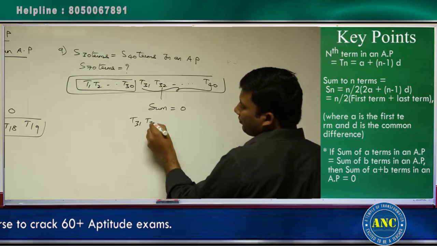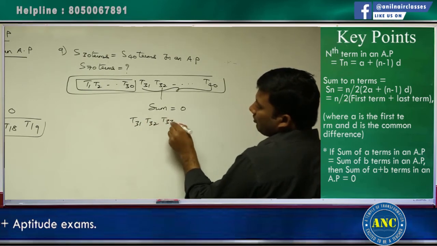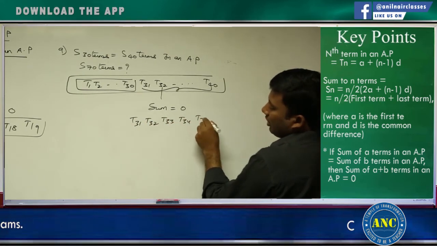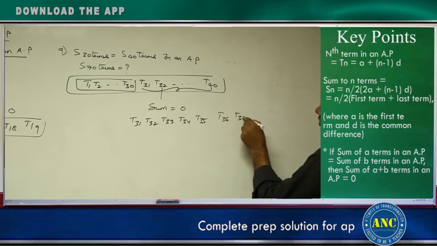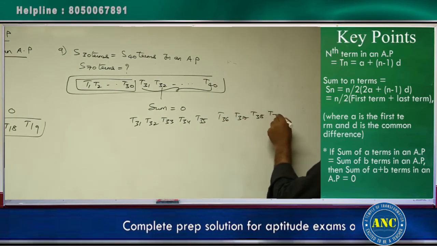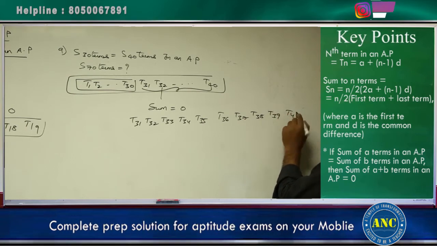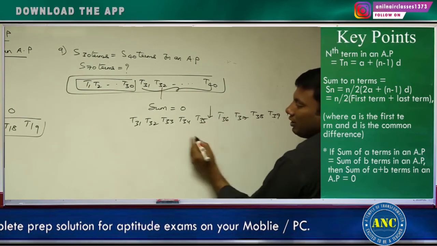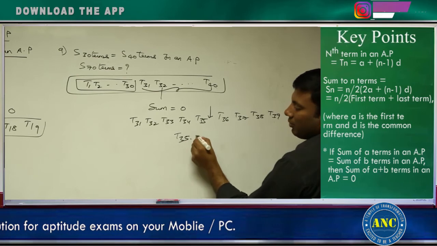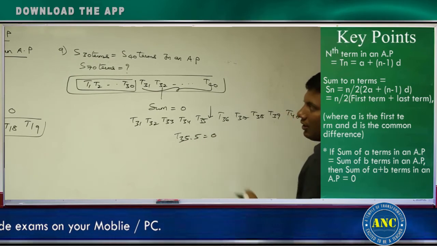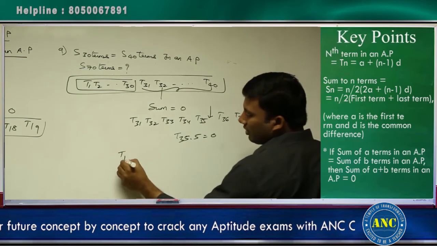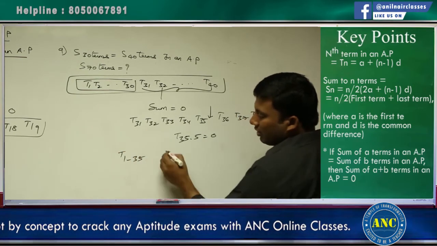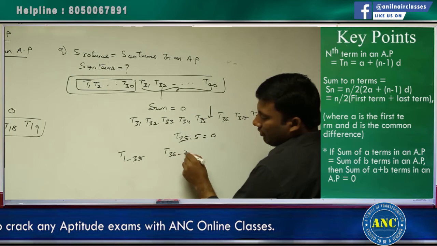That means there are 5 terms to the left and 5 terms to the right, up to 37, 38, 39, 40. What will be the middle value? T35.5 is 0. So how much do we require? Sum of 70 terms. Sum 70 means 35 to the left, 35 to the right.